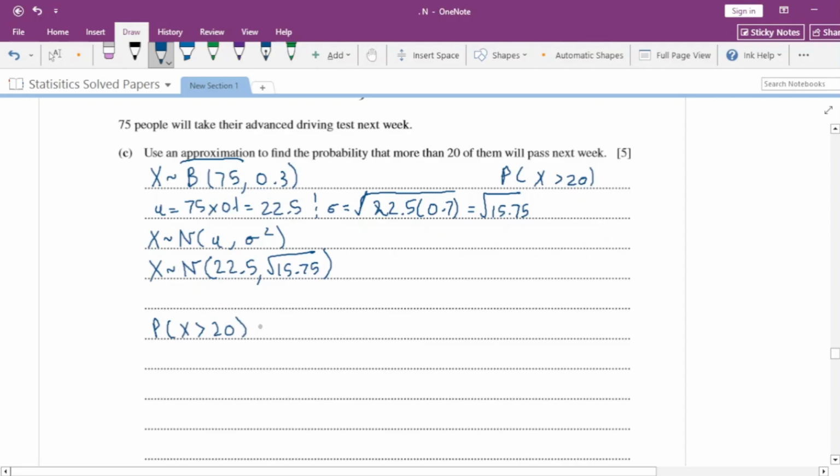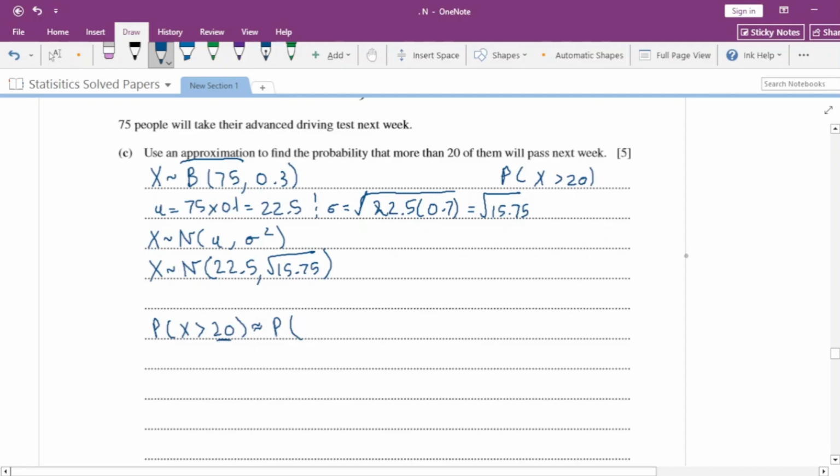We have to apply one new thing, that is continuity correction. All right. Why continuity correction? It is something you do when you're converting from a binomial to a normal distribution. You do it because we don't want to count this value of 20 in.